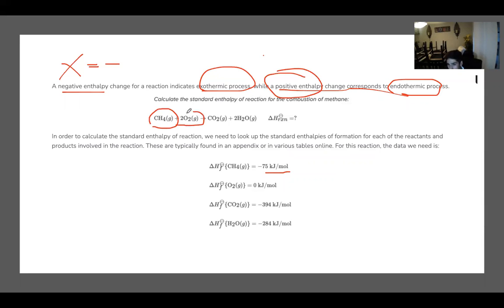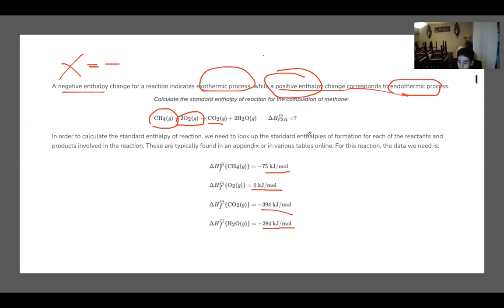Oxygen by itself is usually 0 kilojoules. CO2, in this combustion reaction, is negative 304 kilojoules per mole. And water is negative 284 kilojoules.